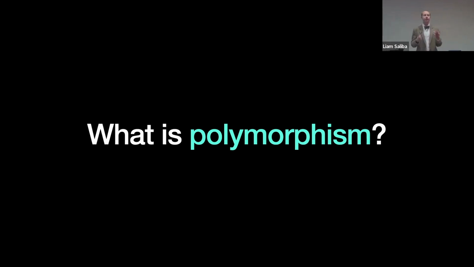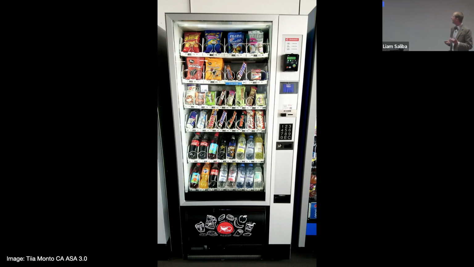To go into it a little more, you can imagine a vending machine as one kind of simple form of polymorphism. The basic interface of the vending machine is put money in, get snack out.